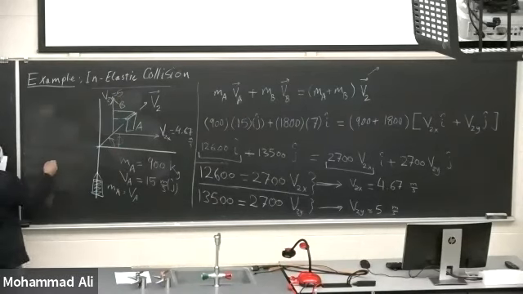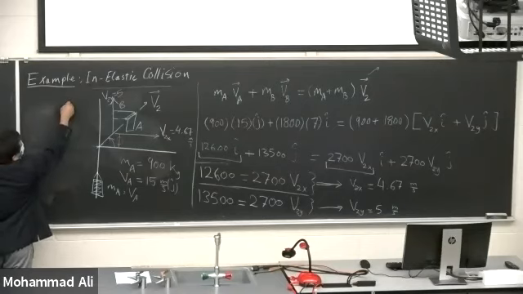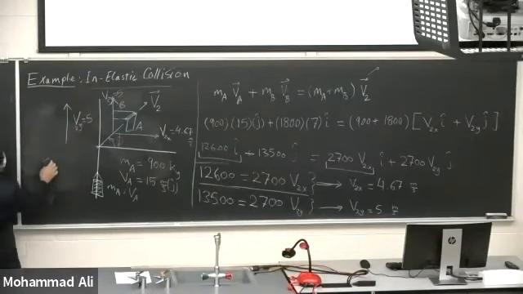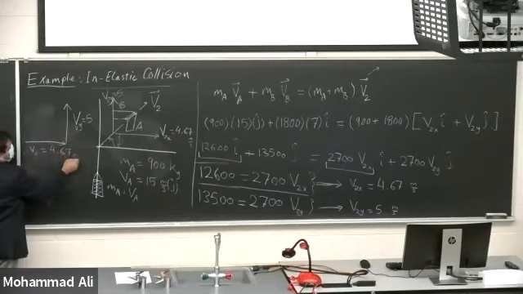Okay, we have the velocity Vy equal to 5, and Vx equal to 4.67 meters per second. We need to find the total velocity.